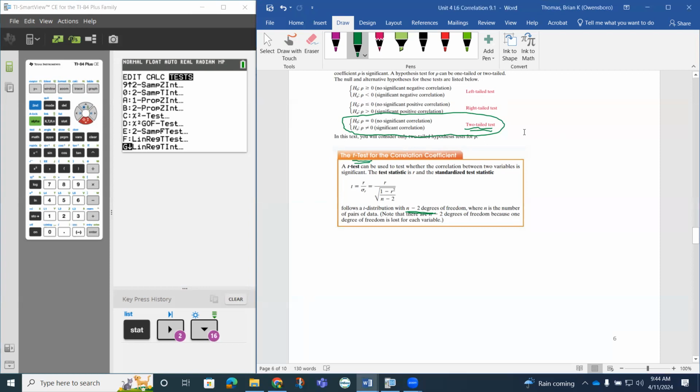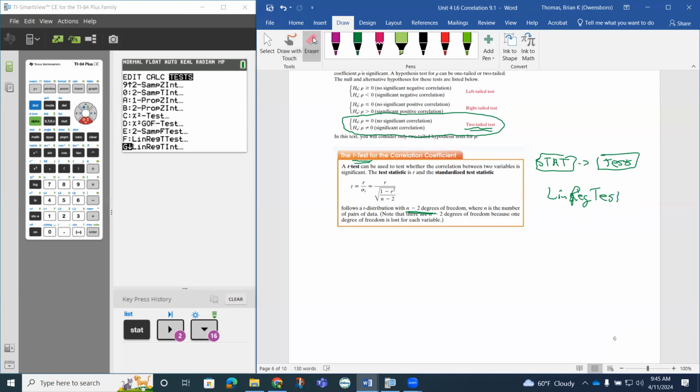So we're going to use stat, we're going to test, and the one we want is this linear regression t-test.